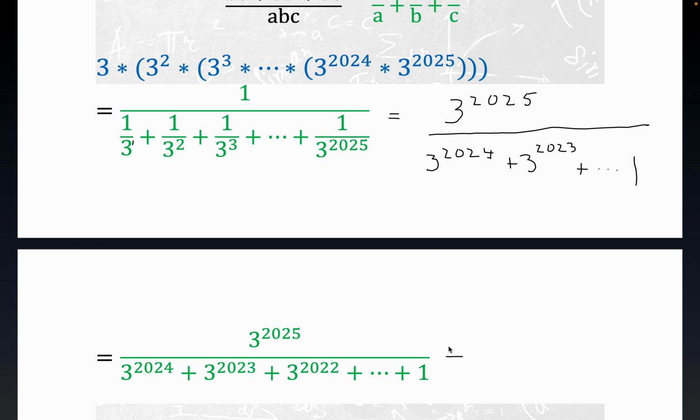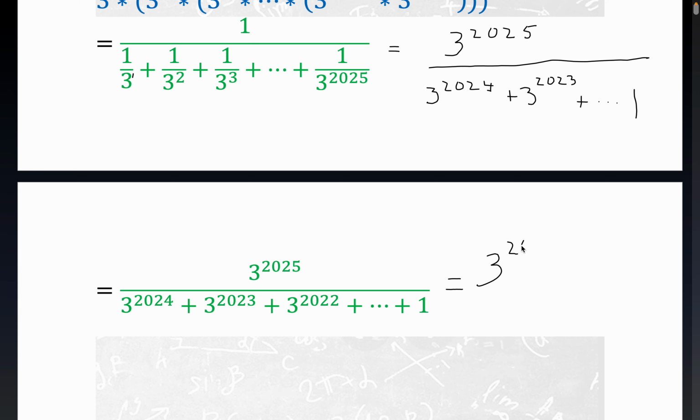All right, so what this is equal to is 3 raised to the 2025 power. And this part right here involves summing. The bottom part is just a finite geometric series. So if you've seen how this goes, it's going to be the first term. The very first term is 1. Or wait, no. This is a finite geometric series, folks.